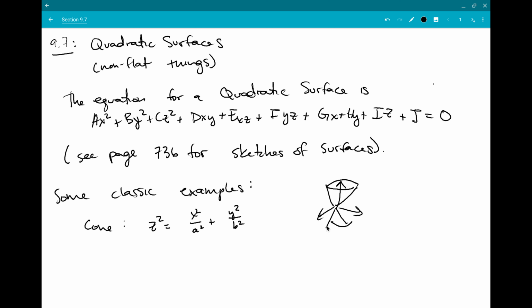Like I said, drawing is really not my strong suit here. The pictures in the book are better, but hopefully you can tell this is like an ice cream cone. The upside of it is the positive branch of when you go and you do square to get the z, and the bottom part is the negative branch.